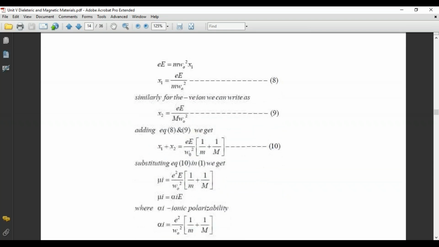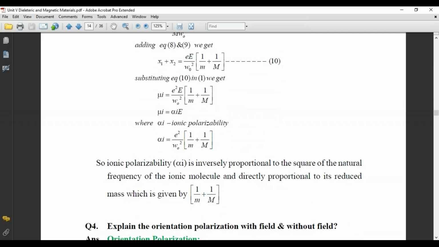Adding equations 8 and 9, because we want to find the total displacement x1 plus x2, we get x1 plus x2 equals eE by omega naught square multiplied by (1 by m plus 1 by M). This is the induced displacement. Substituting into equation 1, we get mu i equals e square E by omega naught square (1 by m plus 1 by M), where alpha i is the ionic polarizability.